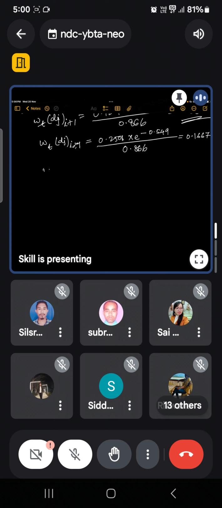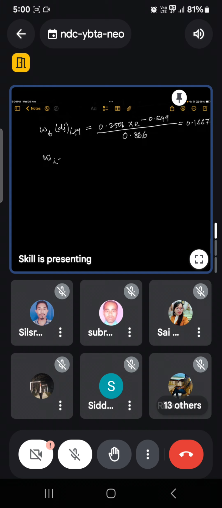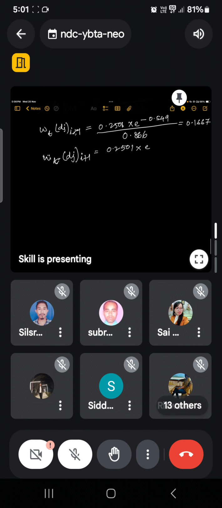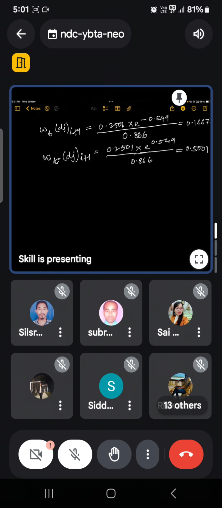For that incorrect instance, we will calculate in the same way. And then after that, finally, we will update the weights in the similar way in the table.